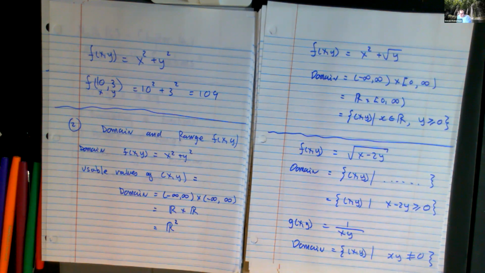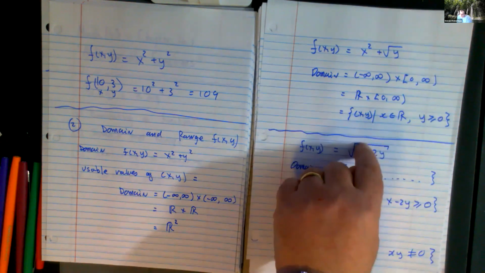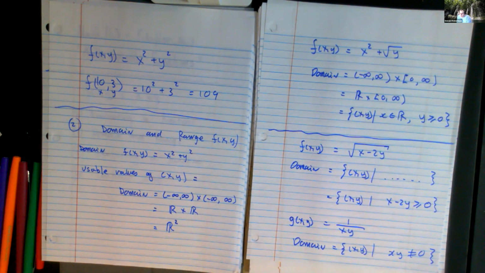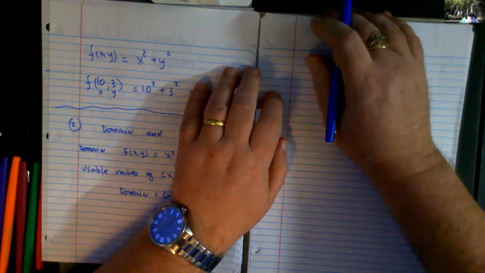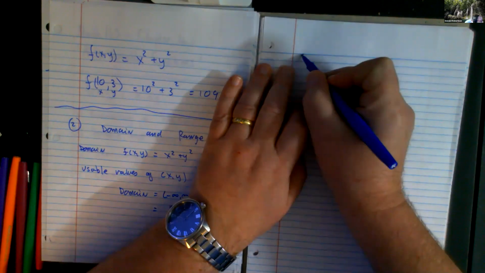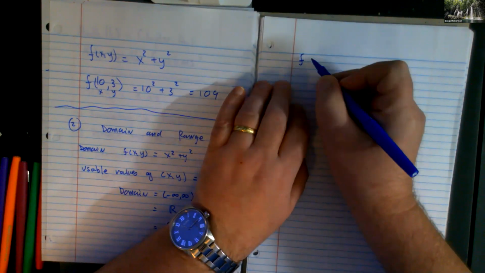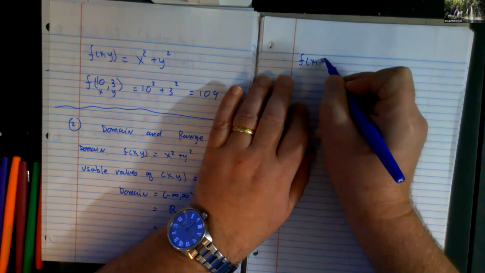Does that make sense how you would describe usable values of X, Y for the more complicated questions in terms of the restriction, right? What needs to be true for it to work? Here's an example of a domain function, a domain question.